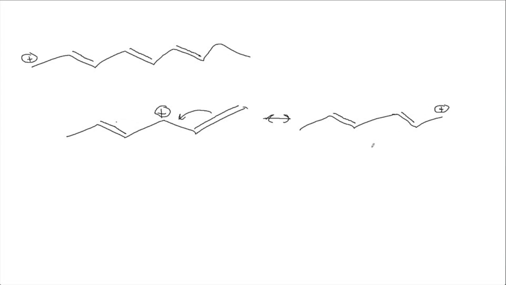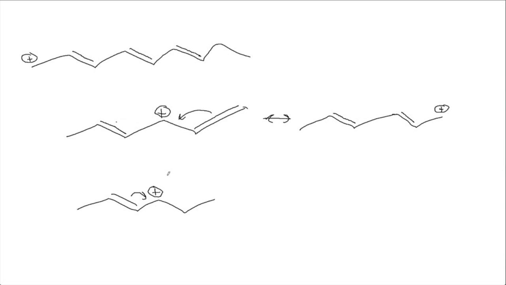Now, this made things a little bit awkward because then you kind of wanted to go back and do it the other way. Yeah. And that's perfectly okay, but the problem is then we ended up drawing this resonance structure twice. That's a little bit unelegant. And it could suggest that this is a separate resonance structure when it's the same as this one.